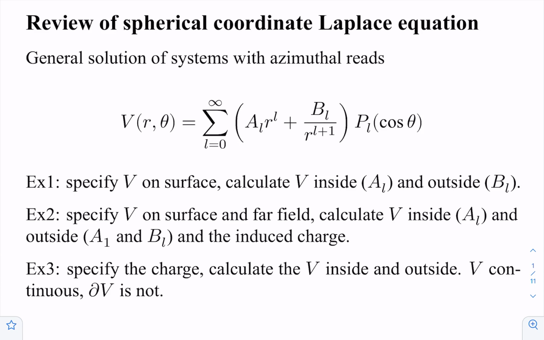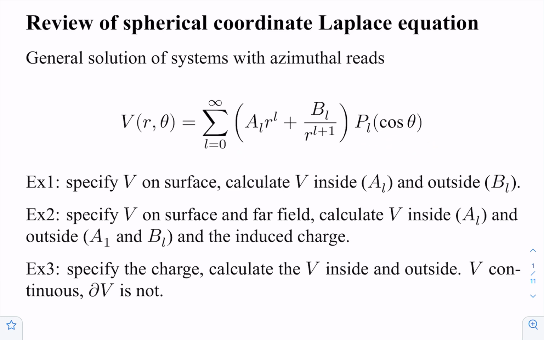Okay, so in the last lecture, we discussed the general solution to the system with azimuthal symmetries, and we used the spherical coordinates for that approach. You can see that the solution is actually very compact. It has two parts. The first is the radial part, and the second is the angular part.